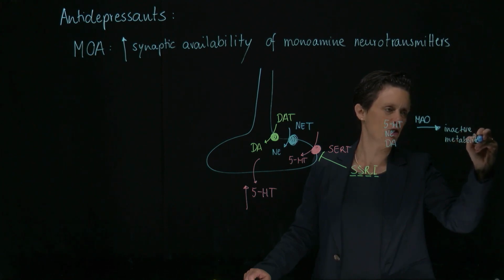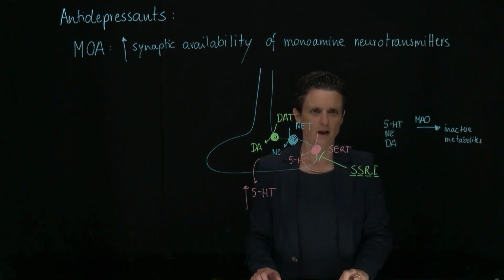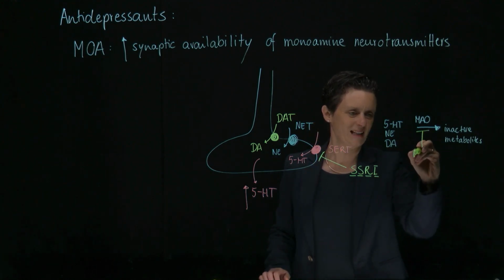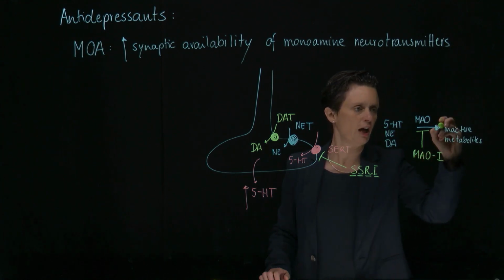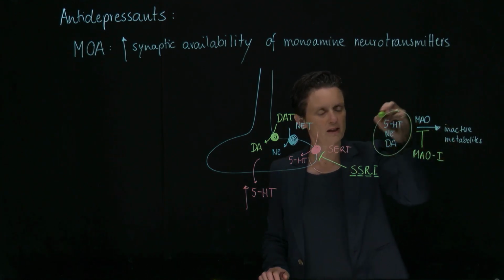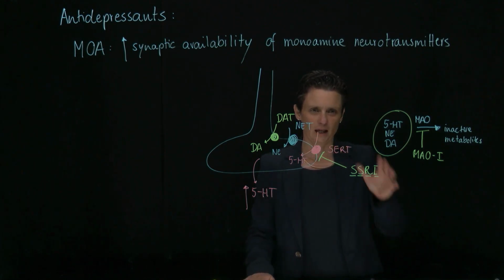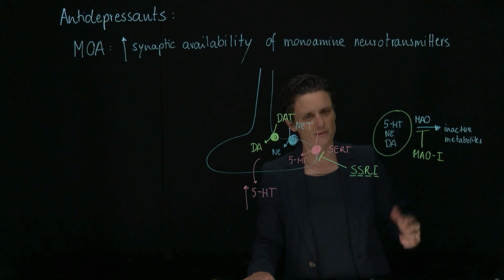So if you want to increase the concentration of different monoamines, we can just block this enzyme with, for example, monoamine oxidase inhibitors, and therefore increase our levels of monoamines. And that's really what they all have in common. Either they block the reuptake or some sort of breakdown.